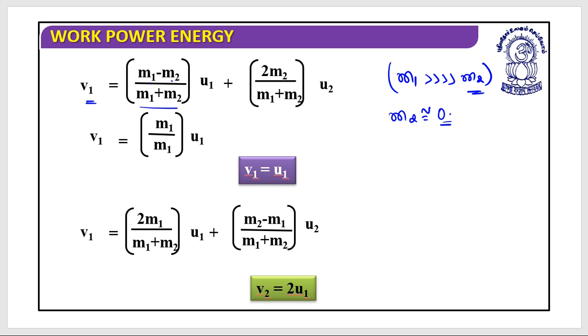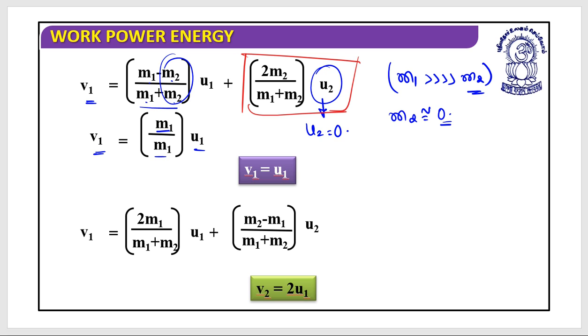These m2s have no significance, so v1 is equal to m1 divided by m1 into u1 plus, as I said, u2 was initially at rest, the lighter body was initially at rest, so this is going to be 0. So this is the case when v1 is equal to u1.